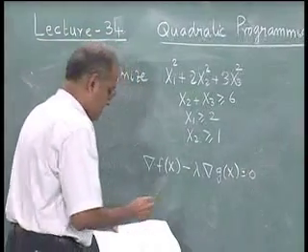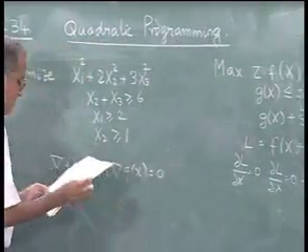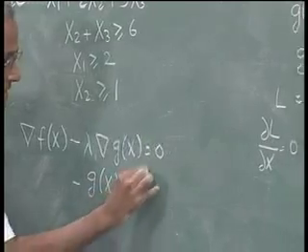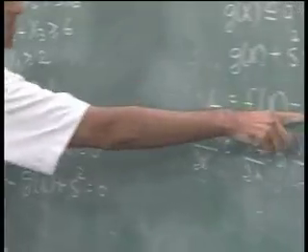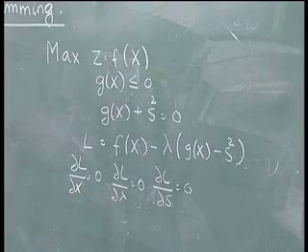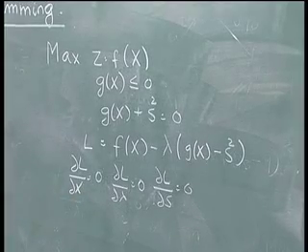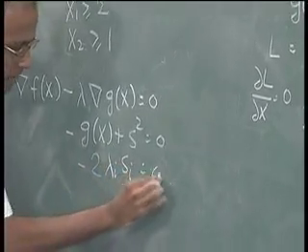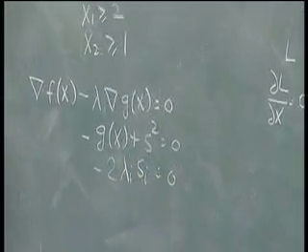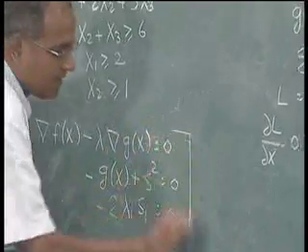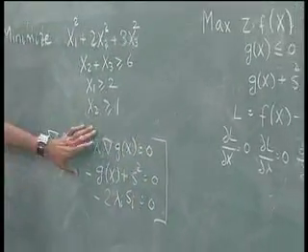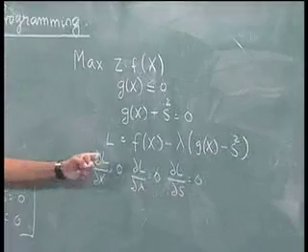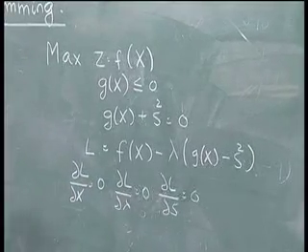We would get dou L by dou lambda would give us minus g of x plus s square equal to 0 from here, and dou L by dou s would give us lambda minus 2 times lambda I s I equal to 0. Now, these three are typically the equations that we get when we partially differentiate L with respect to x, with respect to lambda and with respect to s.